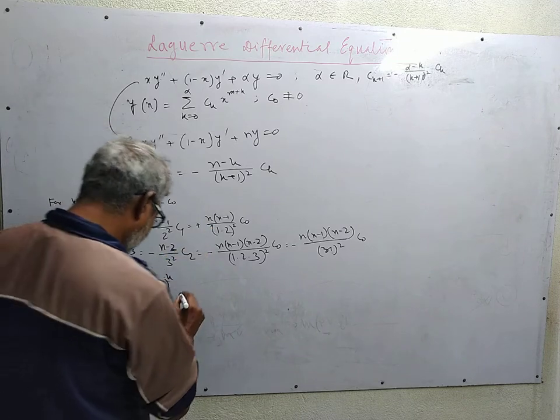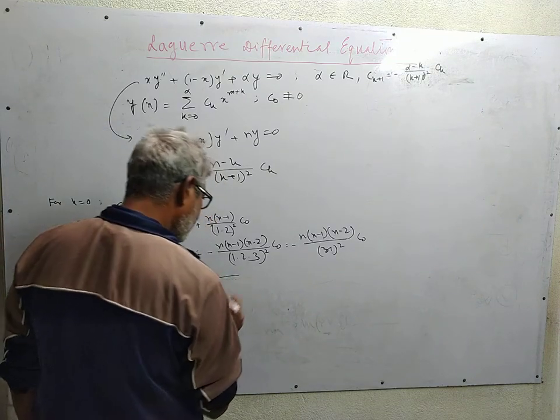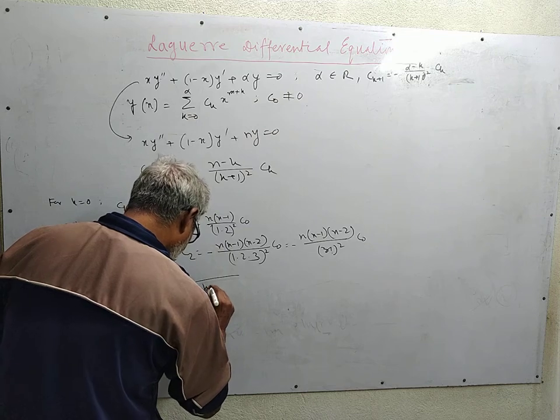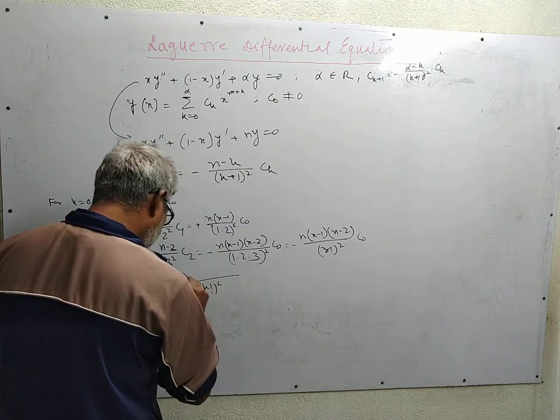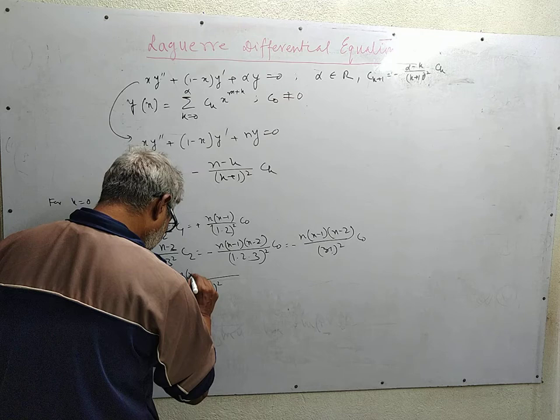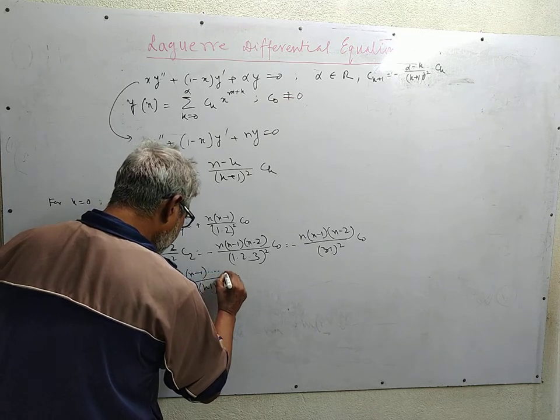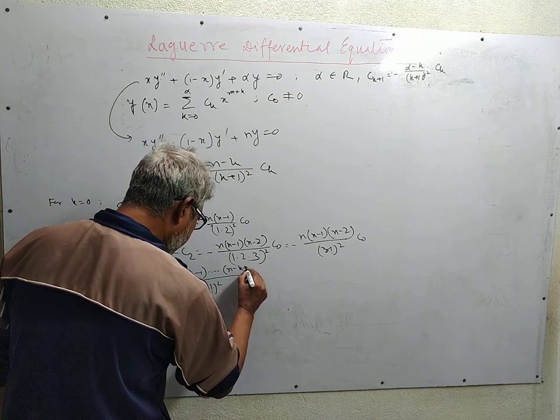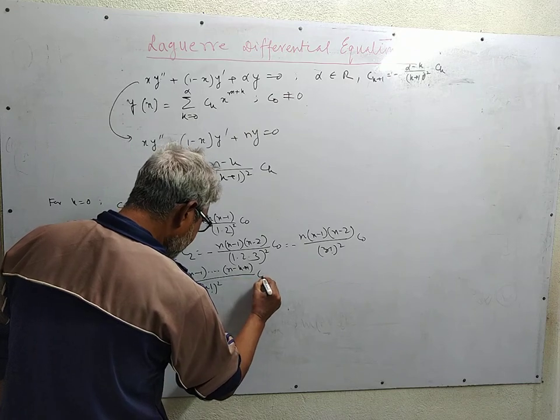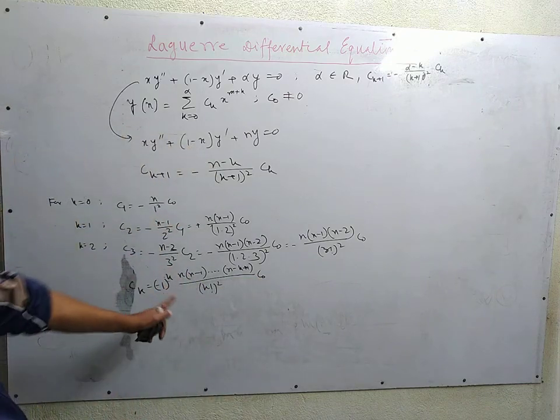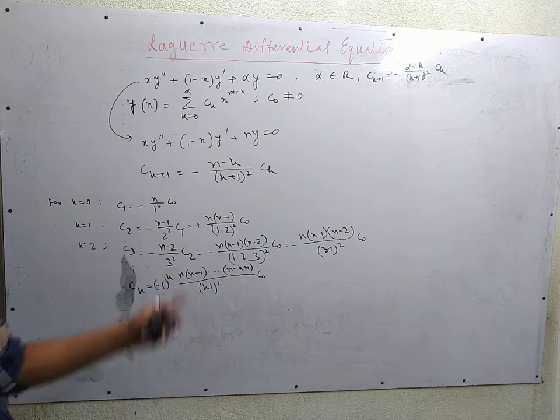In the denominator we get k factorial squared. In the numerator we will have n into (n minus 1), in this way up to (n minus k plus 1), times c0. So there are k terms in the numerator.